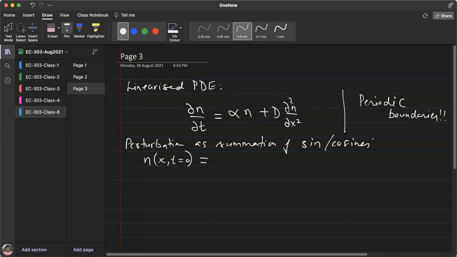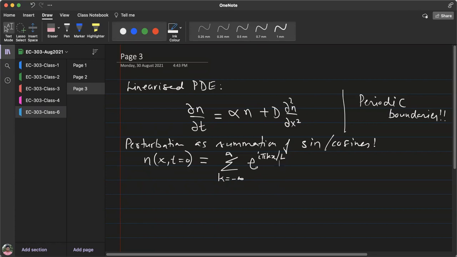That's the basic idea. So we can write this in the following form, with e to the power i pi kx by L, summed over k. Is everyone fine with this? Therefore, we can write any perturbation in this form.